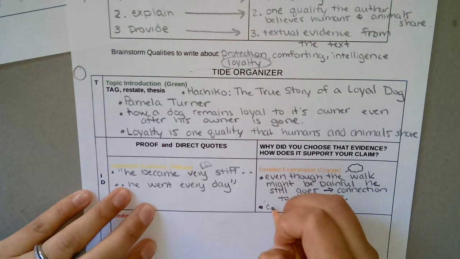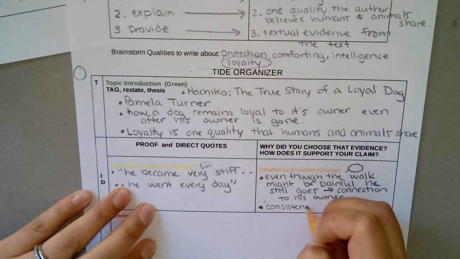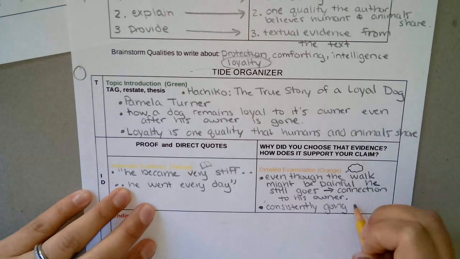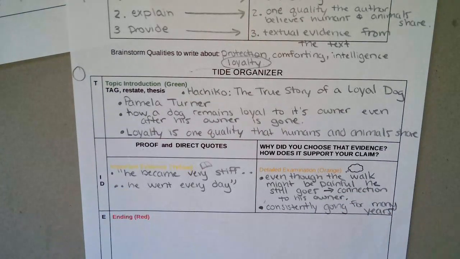So he's consistently going for many years. Not just 1 year after his owner's gone, not just 2 years. Lots and lots of years have gone by, right? He's an older dog now.